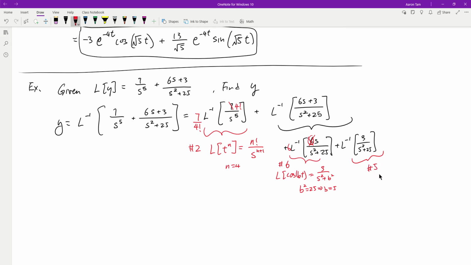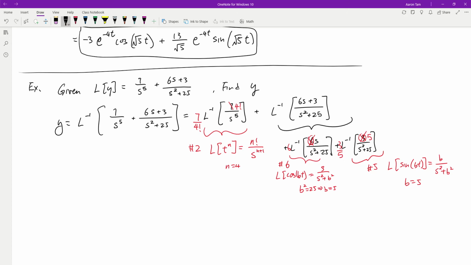Rule number 5 says the Laplace transform of sine bt is equal to b over s squared plus b squared. From what I'm seeing, b must be 5, so I would need a 5 on top to use this formula, but we have a 3. So I'm going to take the 3 out and put a 5 instead, but that means I have to balance it with a 5 on the bottom. So I think I have everything now.